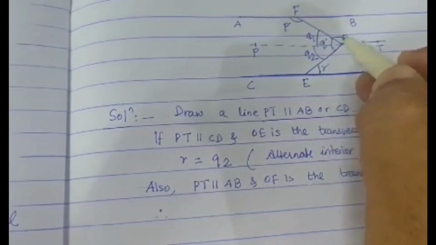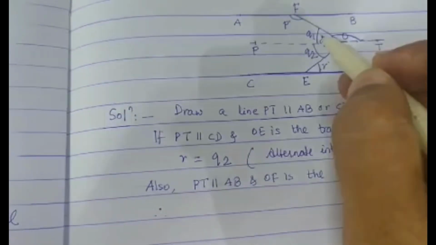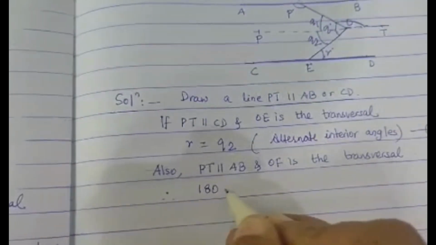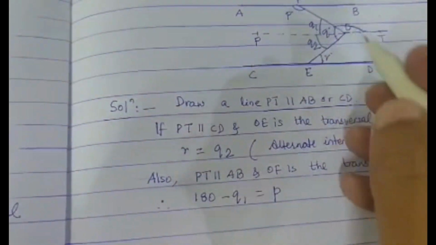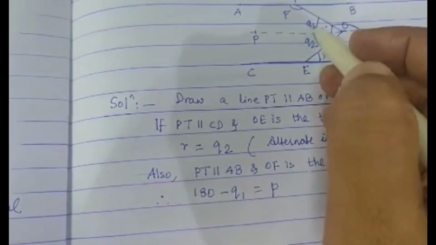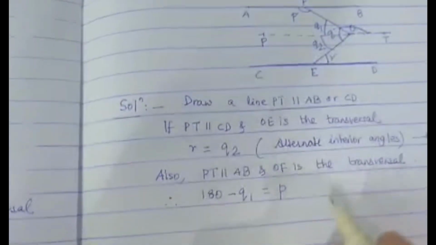This angle will be 180 minus Q1, because the whole angle is 180 degrees. This one is Q1, so 180 minus Q1 is equal to angle P. I am writing it directly. Here we are using the linear pair axiom: this angle Q1 plus this angle equals 180, so this angle equals 180 minus Q1, and that will be equal to angle P.